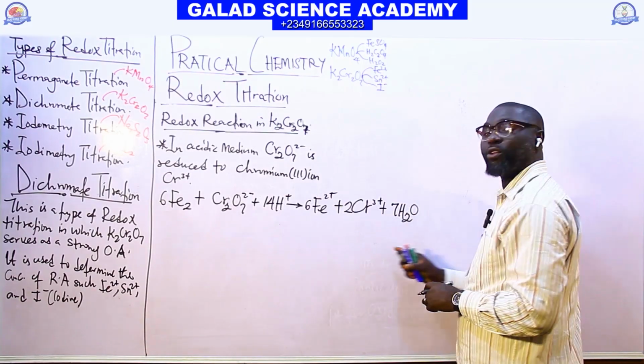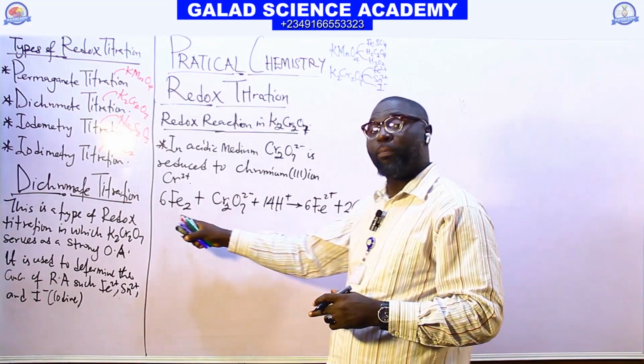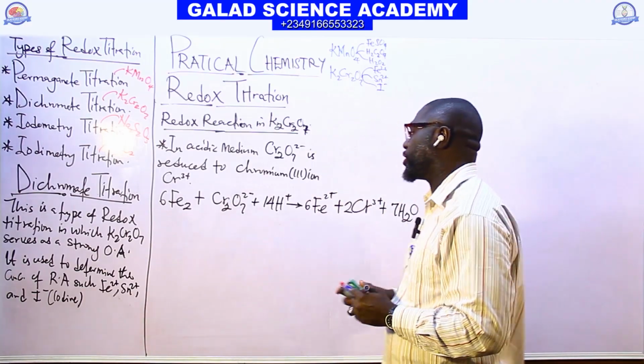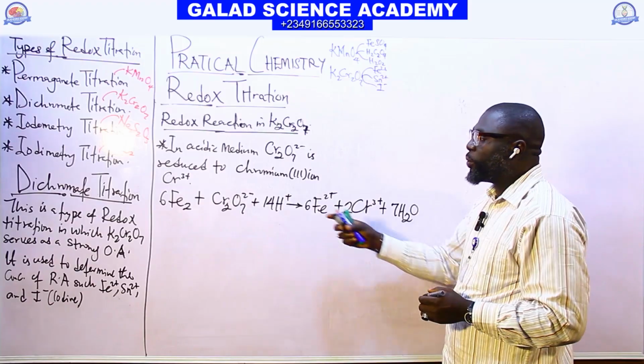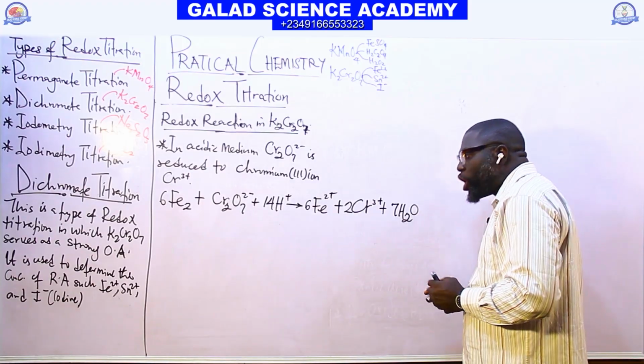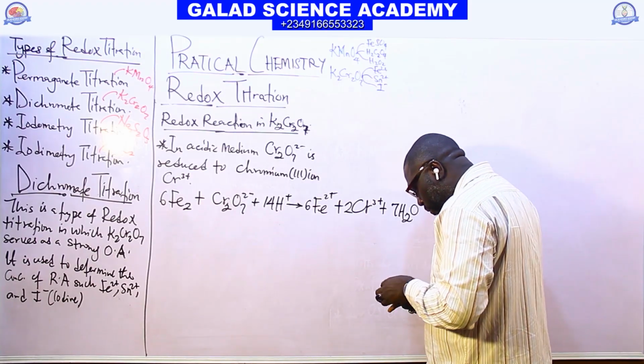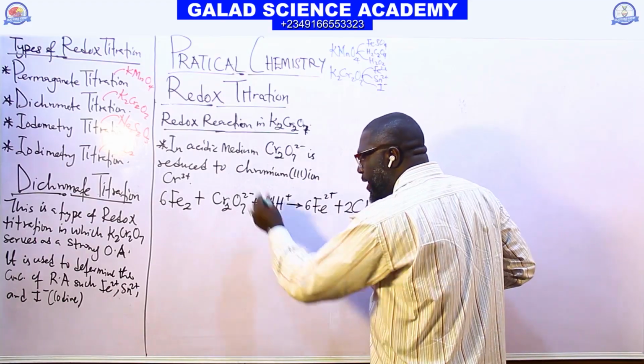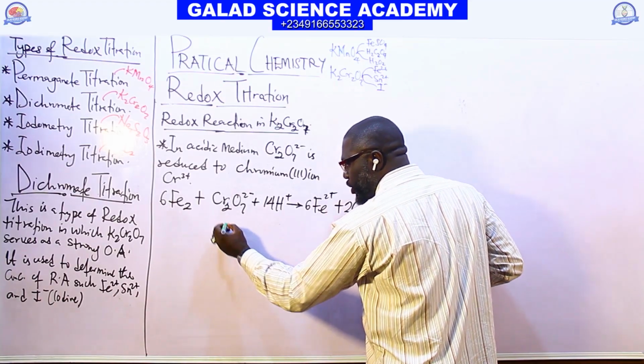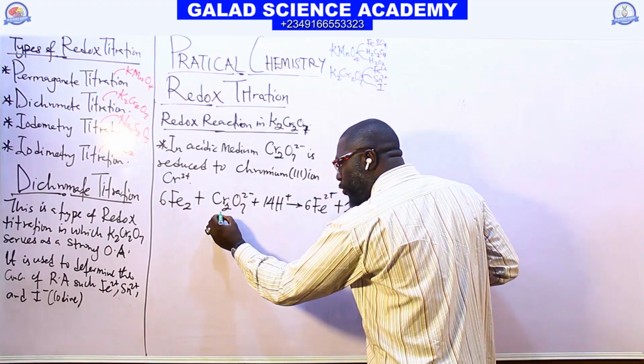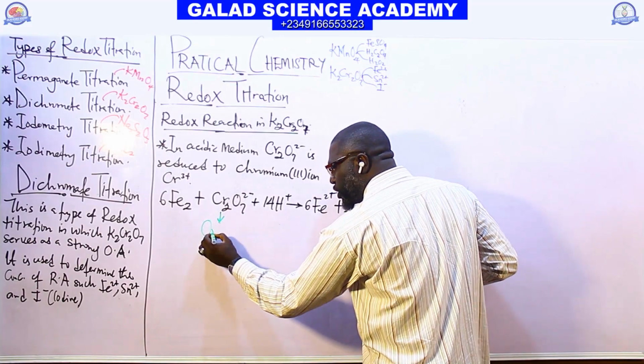If you have problems balancing this, go and check my video on the balancing of redox reactions. So what we need here is this: the color of the chromium here is orange.